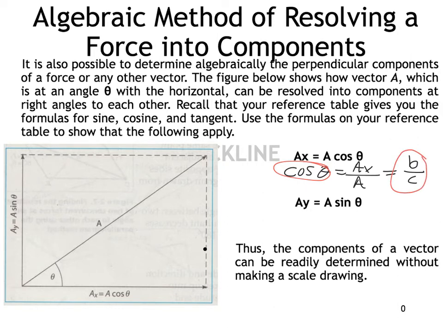And then, similarly, AY equals A sine theta. It would come out to say that sine theta is equal to AY over A.